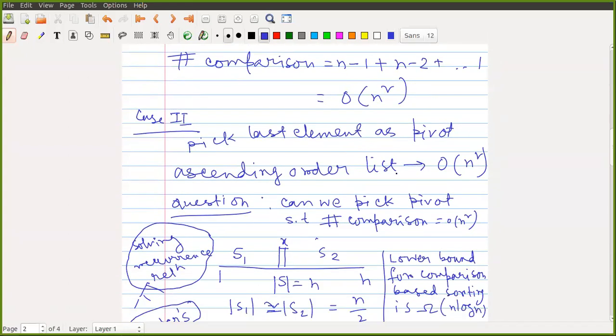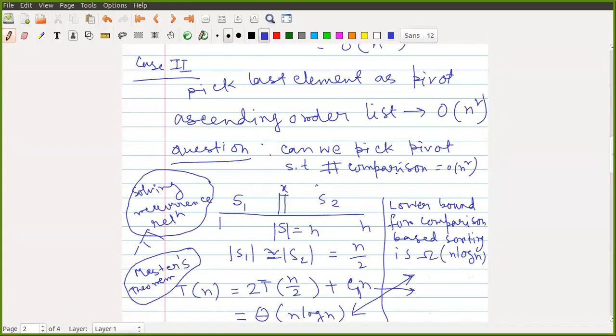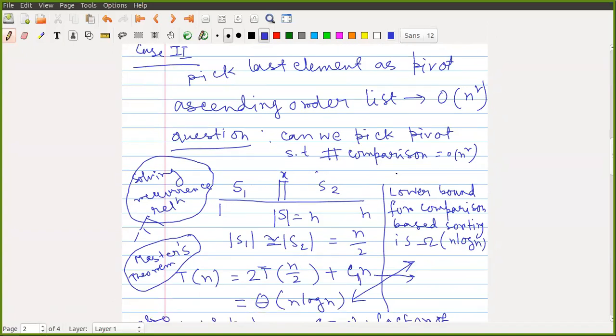Whatever we are computing is the number of comparisons, and we are assuming that in the RAM model the time required to do a comparison is order one. So roughly the time complexity is the same as the number of comparisons. Is this okay? Yes, yes.